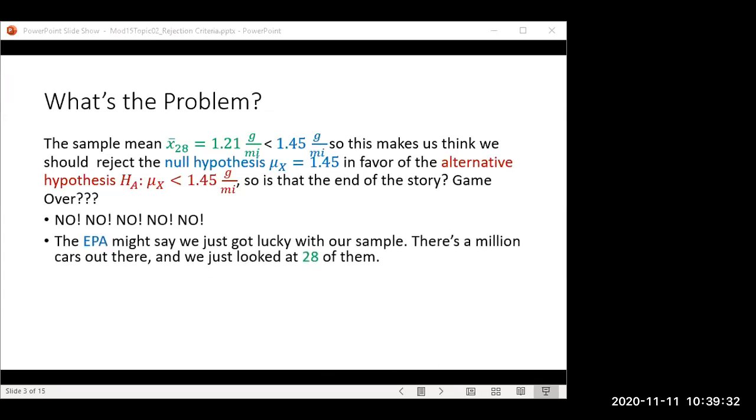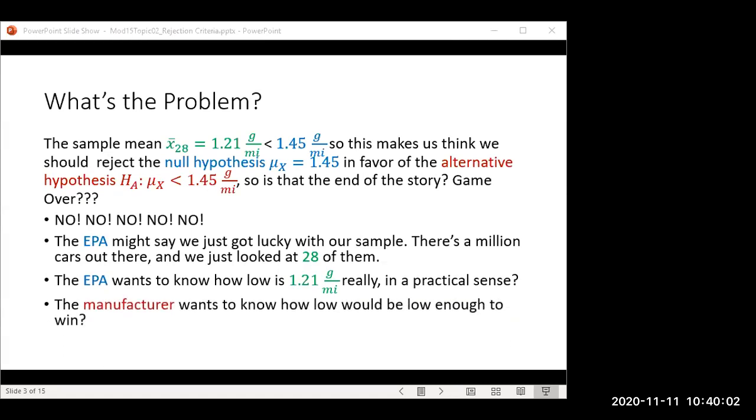The EPA can say we just got lucky with our sample because there's 1 million cars out there and we just looked at 28 of them. So that's the complaint we have to address, whether we could have just got so lucky. The EPA wants to know, how low is that 1.21 really? Is it significantly less than the 1.45 or not?